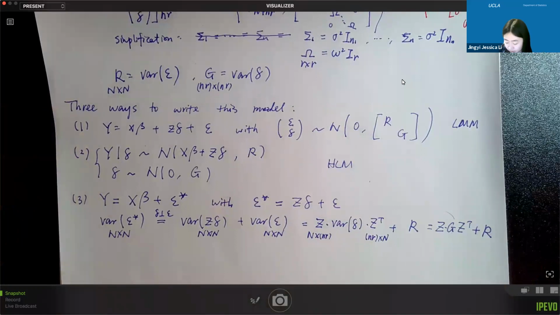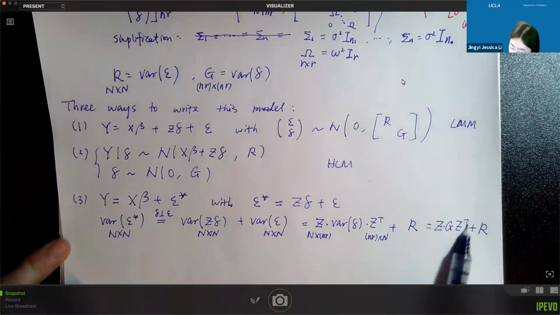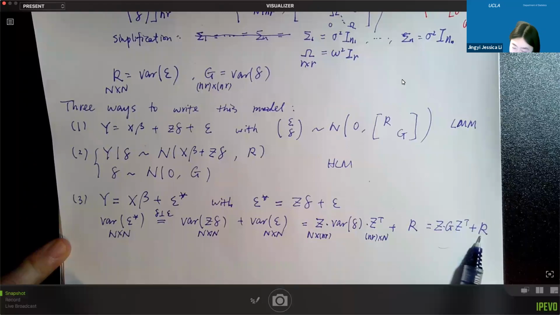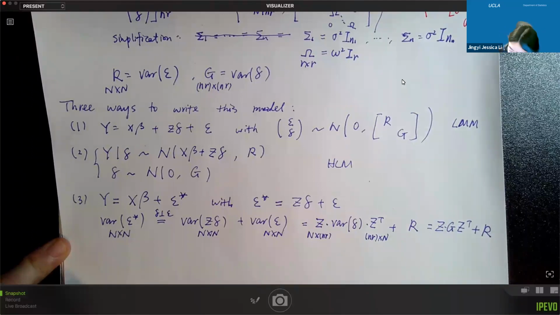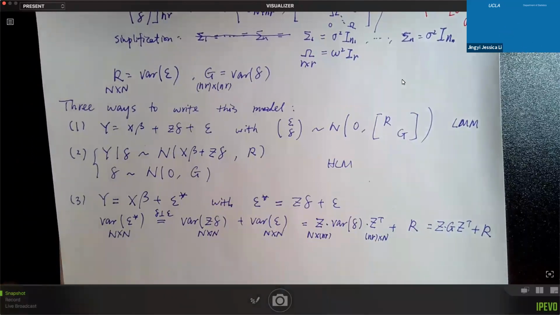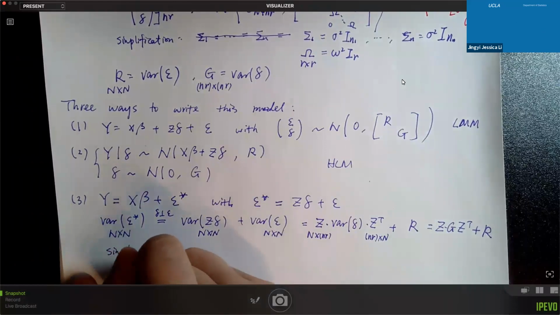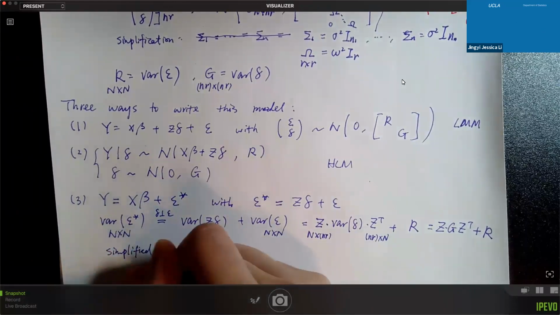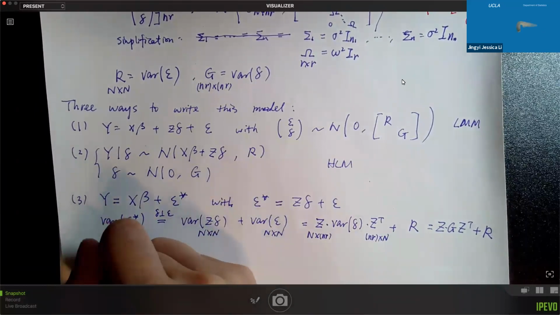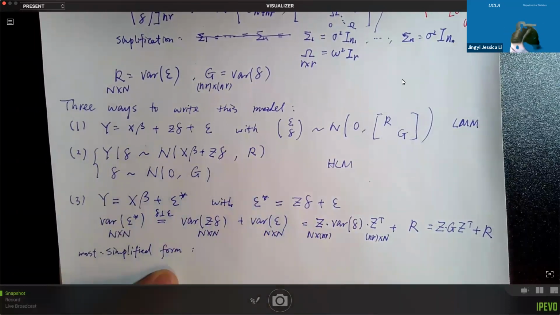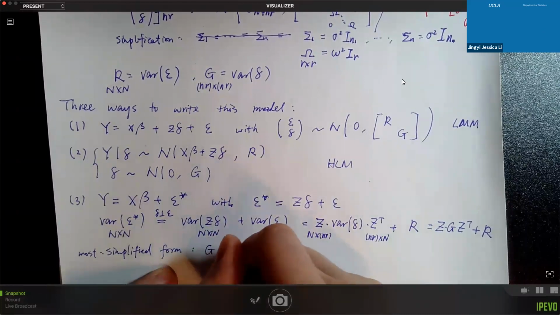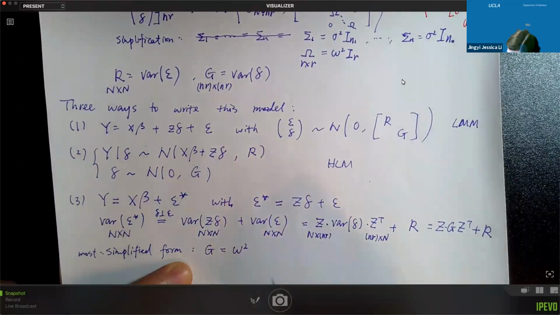So essentially, this covariance matrix has two parts. One is from the contribution of random effects. The other is from the contribution of the random error. And if we use the most simplified form, you can see what it will look like. G is just omega squared times the identity matrix with NR dimension.